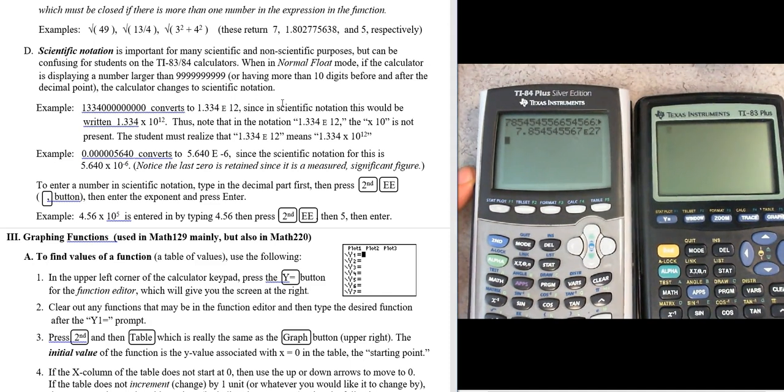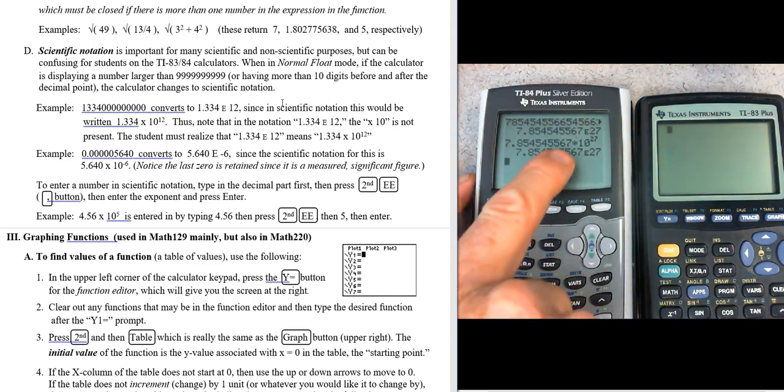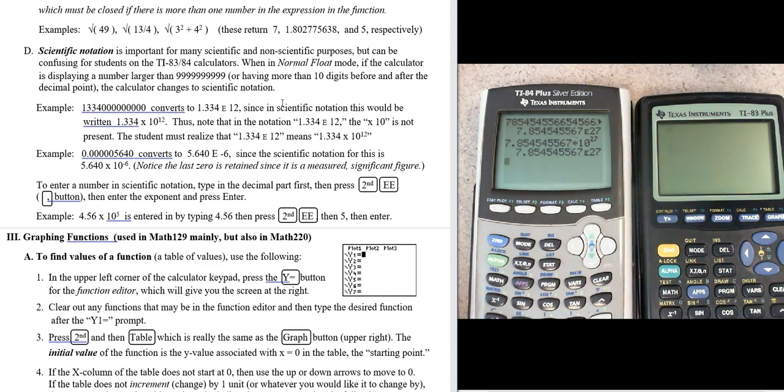What that means is it's the same thing as 7.8545567 times 10 to the power of 27. You do that and look, it's the same thing. So this E27 really means times 10 to the 27th power. And that's what will happen if you do large numbers.